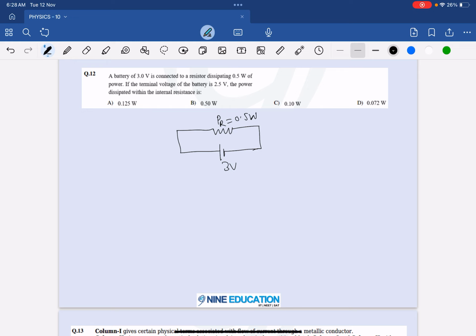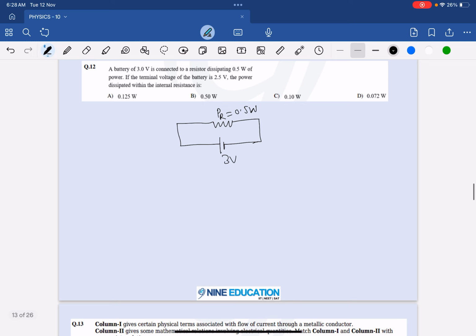Terminal voltage of this battery is 2.5. What is the meaning of terminal voltage? Sir, what it is able to provide across its terminals. That means there is a voltage drop happening of 0.5. Correct? And what is the terminal voltage? It is 2.5.